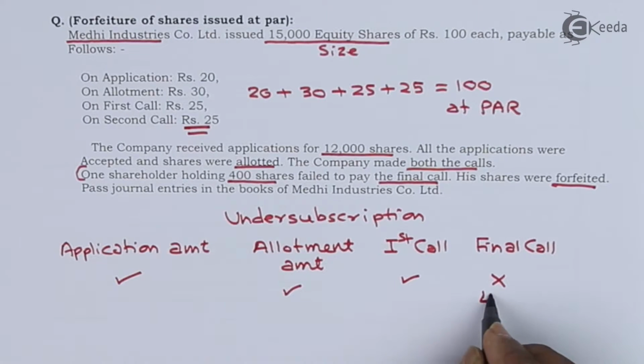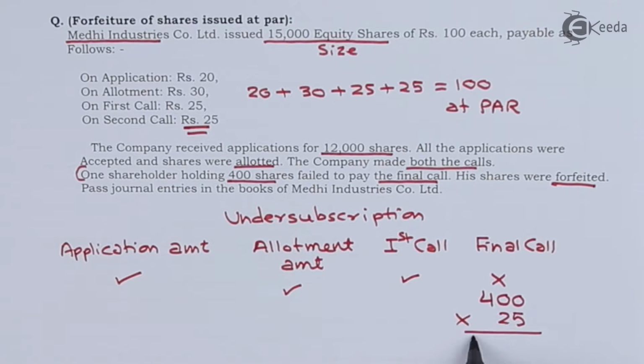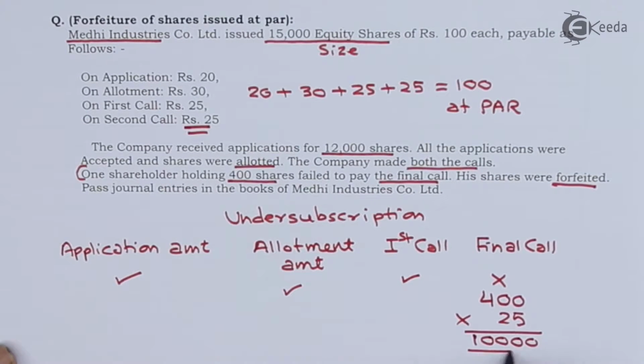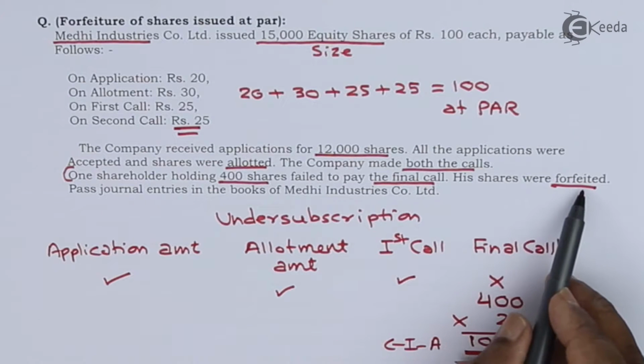So 400 shares, on every share 25 rupees. So the total amount of calls in arrears is rupees 10,000. This will be recorded at the time of final call and consequently his shares are forfeited.